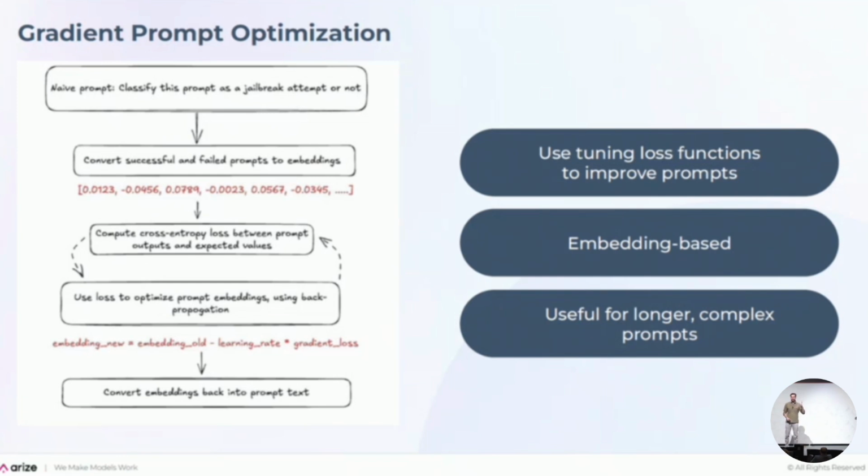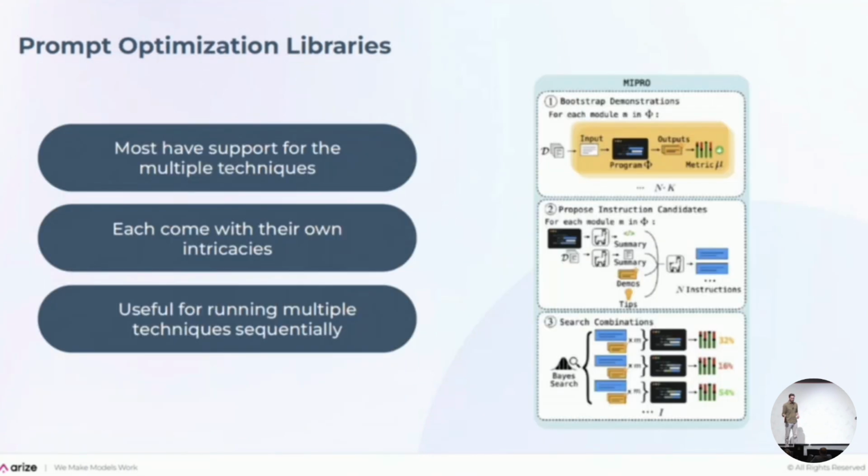This is cool and works in some specific cases where prompts need very minute details and minute changes. In practice, we actually see meta prompting beating gradient prompt optimization in most cases. So very cool, but something to check out if you're interested, not the main technique we see people using. And then the final piece here is prompt optimization libraries.